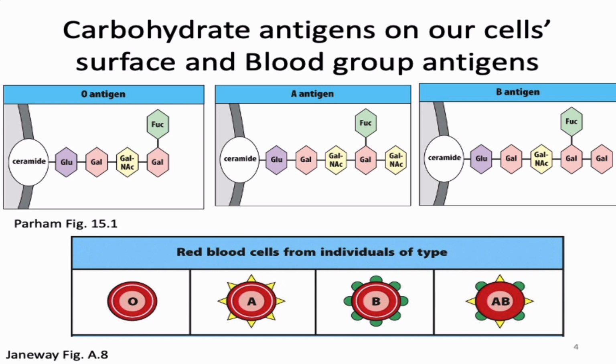The person with the O doesn't have this particular sugar antigen. It doesn't have a terminal part of a sugar. Yes, it has plenty of other antigens, but the antigen we care about right now, it doesn't have. So no antigen. A person with type A blood has just the A antigen. A person with type B blood has just the B antigen. And a person with type AB blood has both the A and the B antigens.